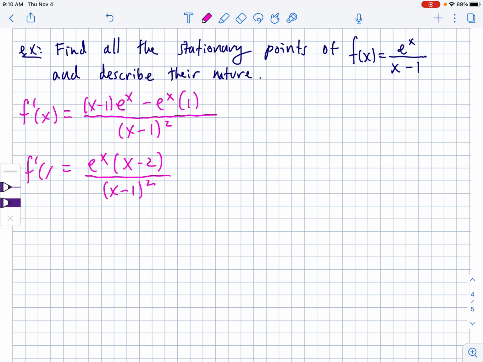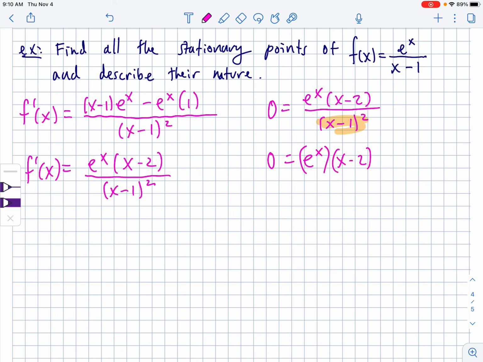So that's the derivative, but then I've got to set that equal to 0 to figure out where the stationary points are. Multiply both sides by the denominator to get rid of the denominator, so you get 0 equals e to the x times x minus 2.